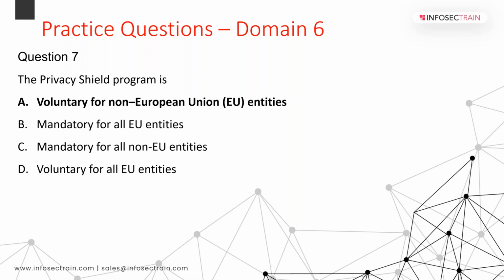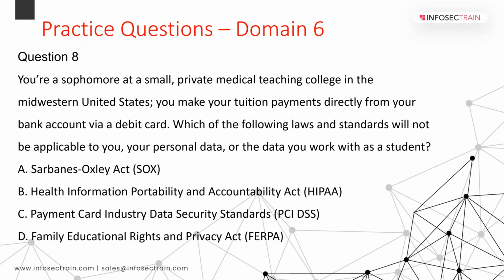If you are not doing any transactions or any particular business with the EU, then it is voluntary. It becomes mandatory only when you have any business or data transfer happening between you and the EU. Otherwise, it's voluntary. Okay.